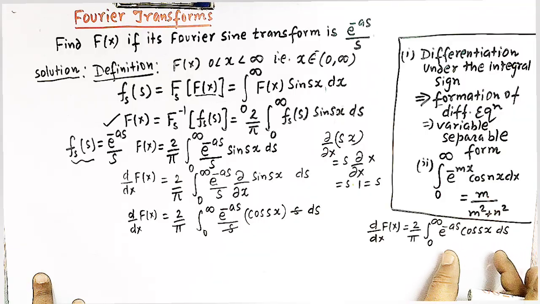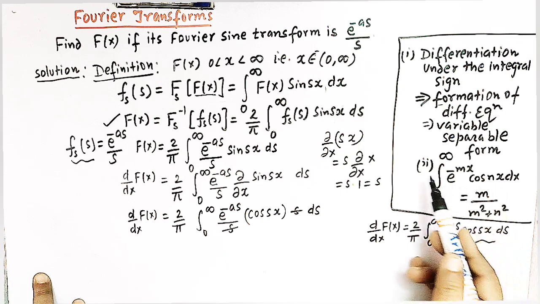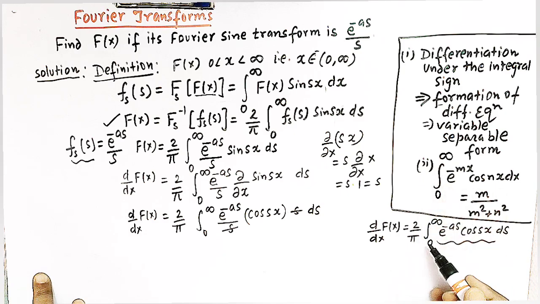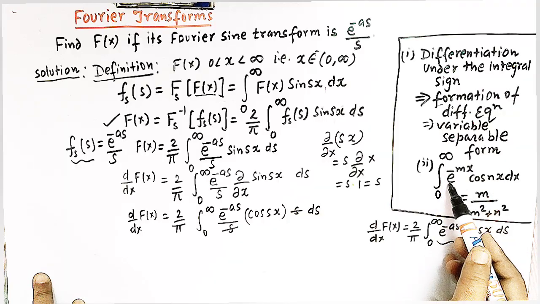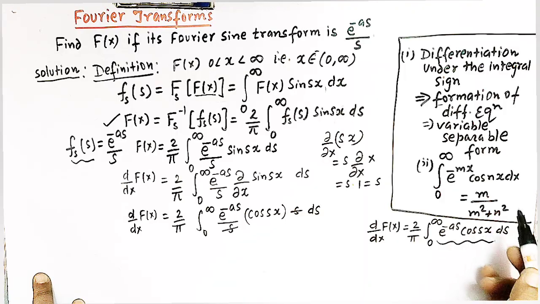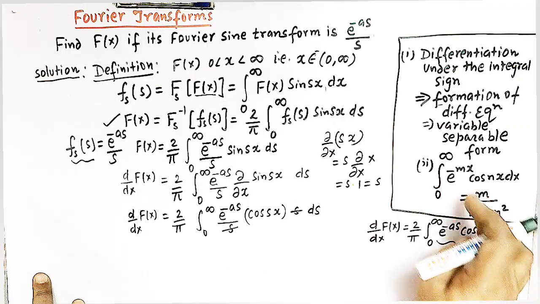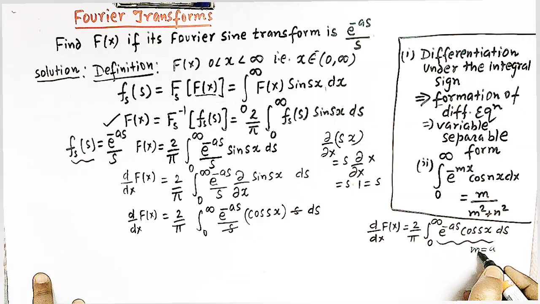So now we can write the value of this integral by directly using this result, right? So here we have 0 to infinity, and the integrand is of this form. So here we have e raised to minus as and cosine s times x, and if we compare this integral with this one, then the value of m is given by a, and the value of n is given by x.